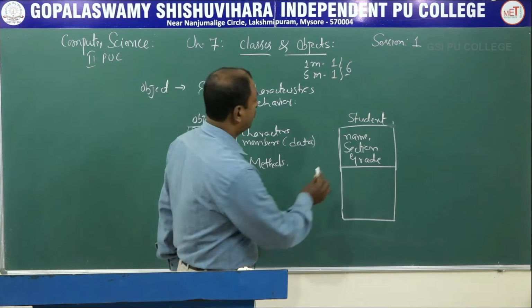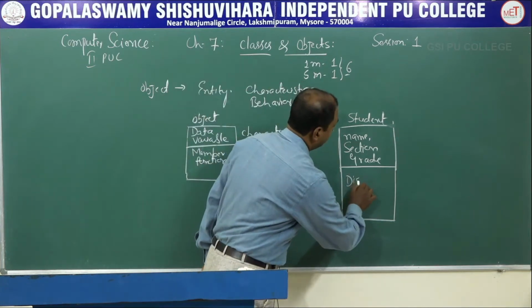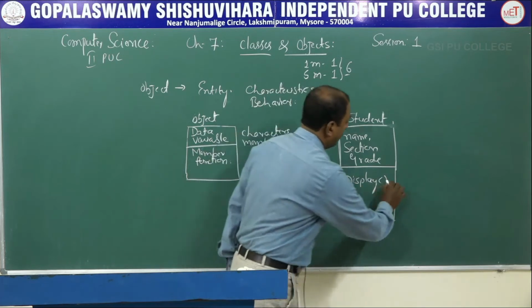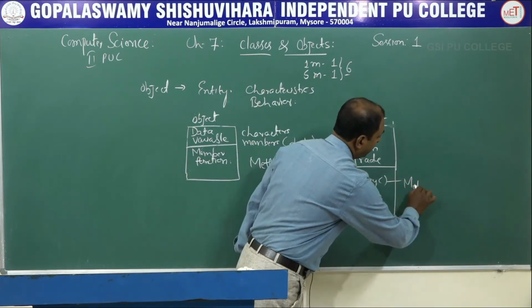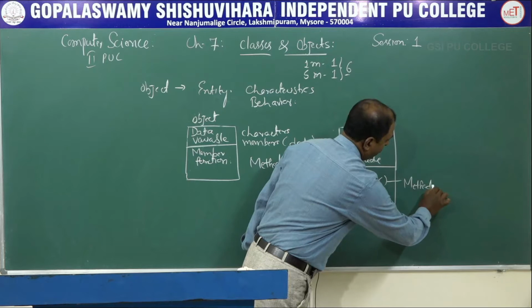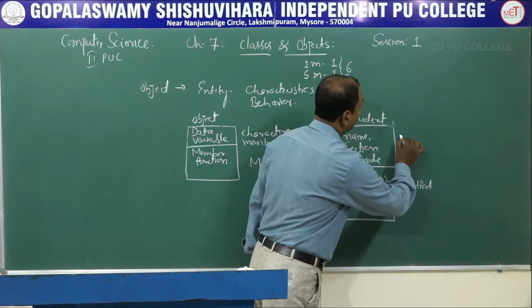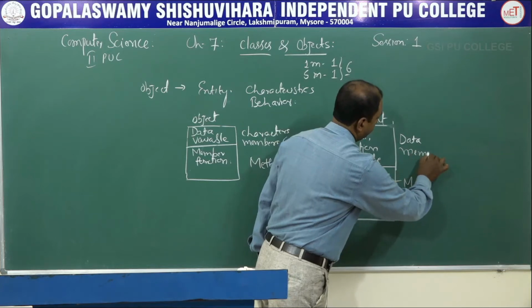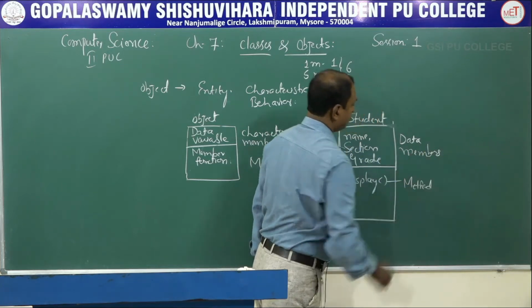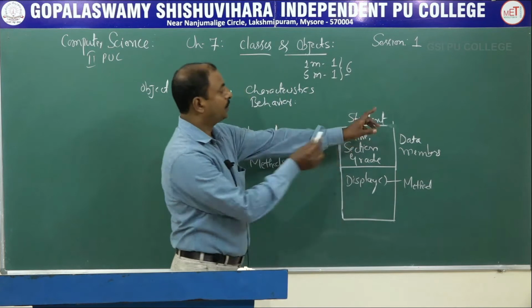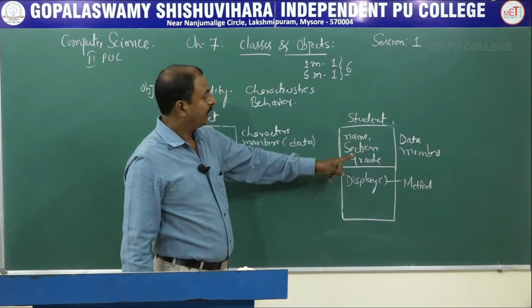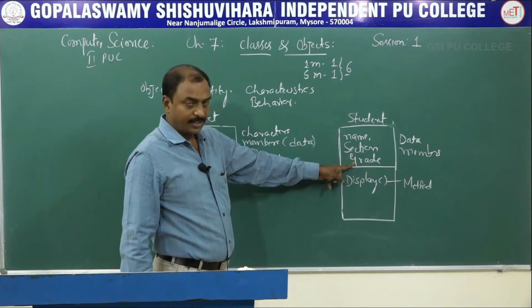So here I am going to write display. So this is your method. This is a method, and this is called data members. Suppose this student is an object here, name of a student, section, and his grade.